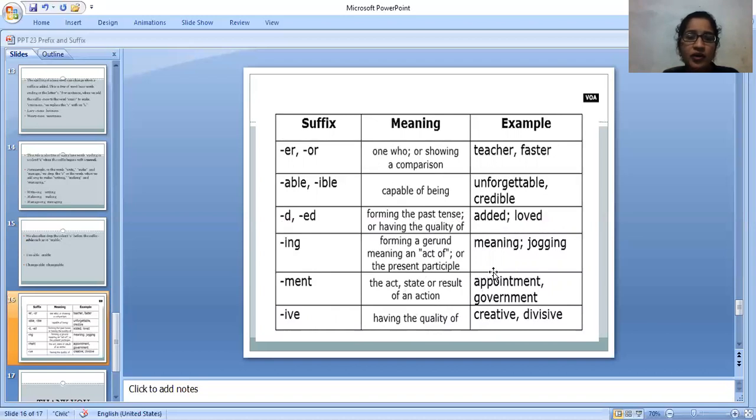When you add ment to the verb appoint, it becomes appointment, a state or result. Govern, and when you add ment, it becomes government. And ive indicates having some quality: creative, divisive. Creative.